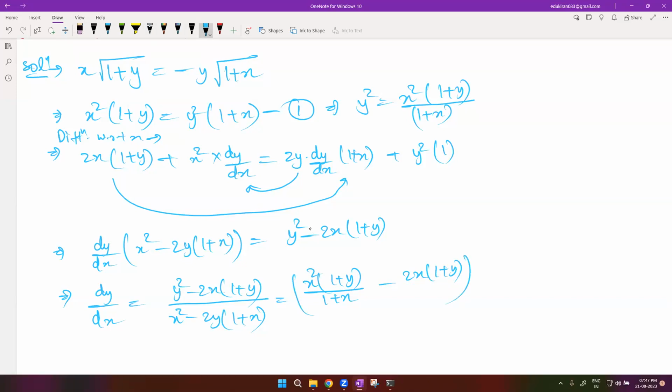And now you can see that you can take a lot of things common. And instead of x square also, you can put y square into 1 plus x upon 1 plus y.